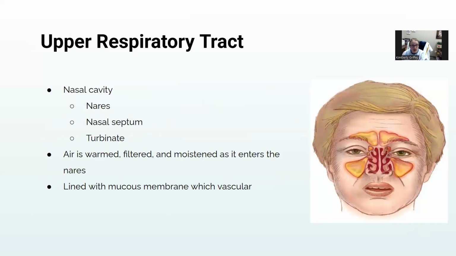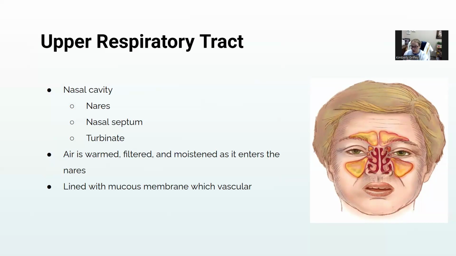With your upper respiratory tract, you have the nasal cavity. So your nasal cavity includes the nares, the nasal septum, and the turbinates. So air enters the respiratory tract through the nares. And then breathing through your nares instead of the mouth provides better protection for the lower airway.